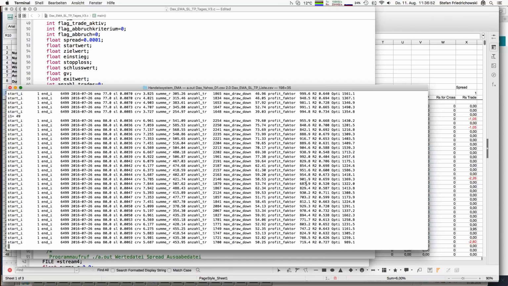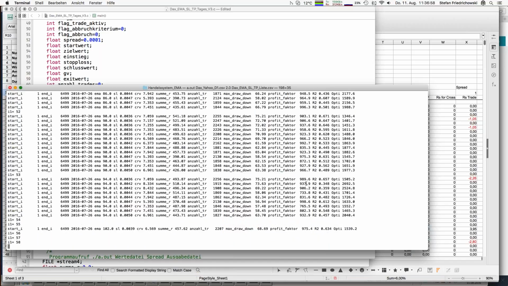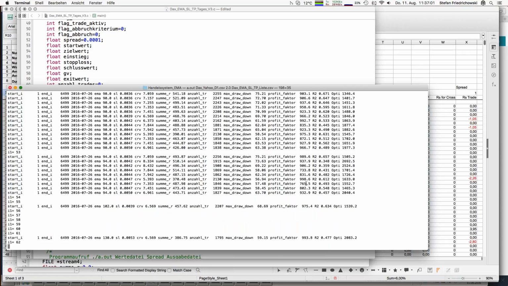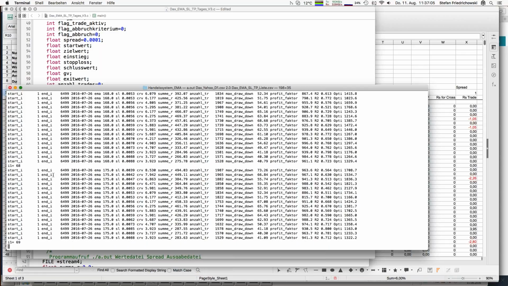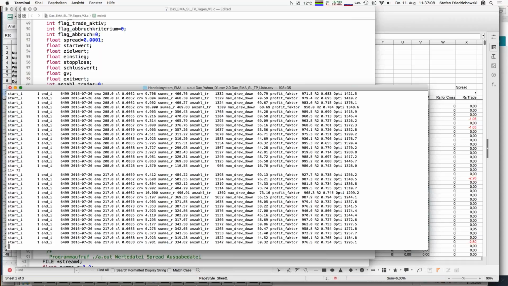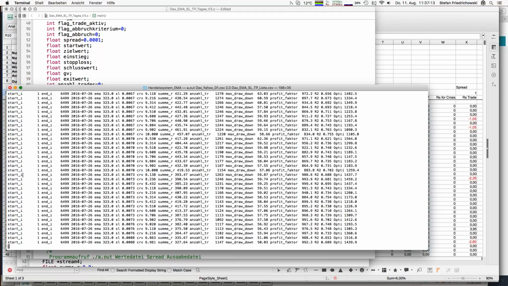And you see now already half, 500,000 of those calculations are already done. I see that whenever I go to the right, to the left here, there's sometimes a number popping up like 75 and so on. That is the outer loop, and it only takes a few additional minutes.